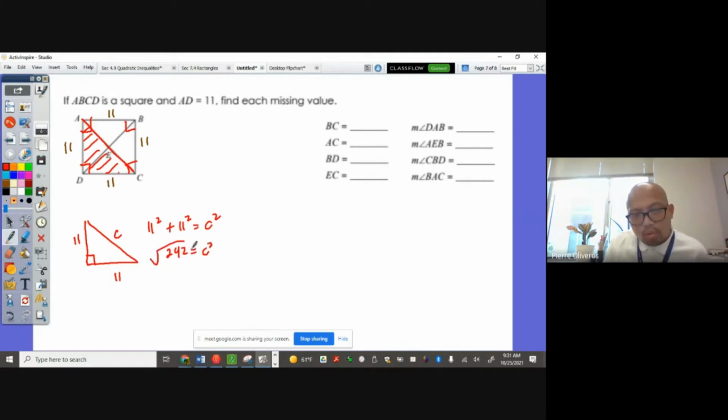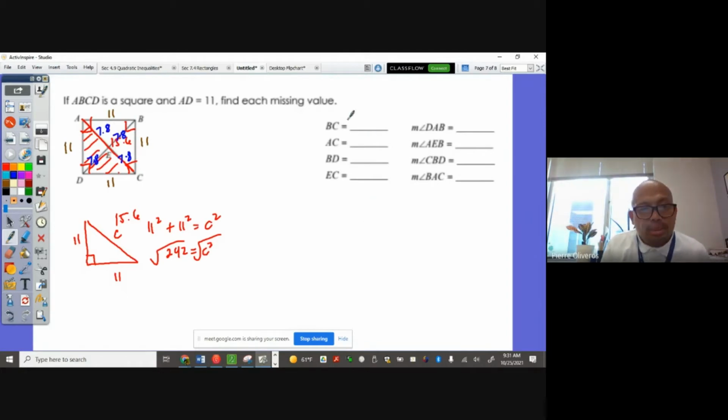Take the square root of 242, roughly 15.5 or 15.6. Okay, so if that's 15.6, we divide that by 2, each of them will be 7.7 or 7.8 actually, and this is 7.8. Okay, and they're all going to be 7.8 like a rectangle.